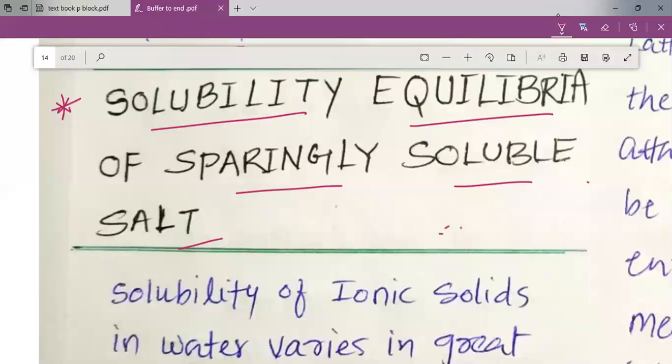Thank you for replying, dear students. You can even stop me in between if you could not understand anything, so that we can discuss it. Now let's move forward and understand the other part. Let's understand about the solubility equilibria of sparingly soluble salt.